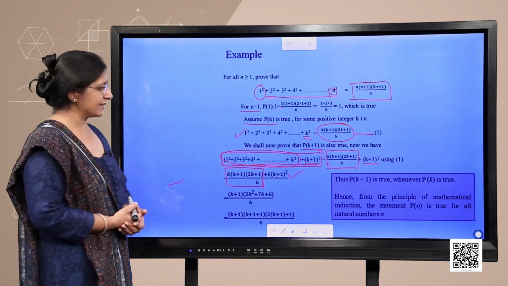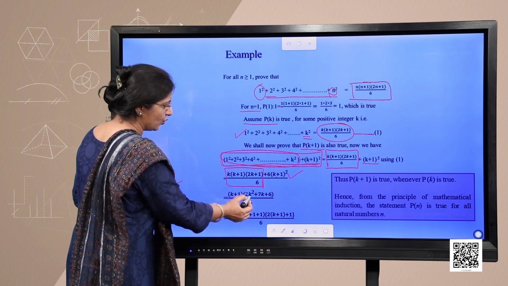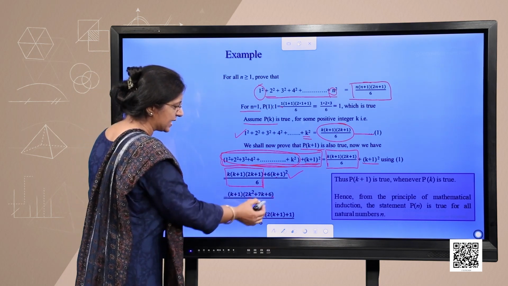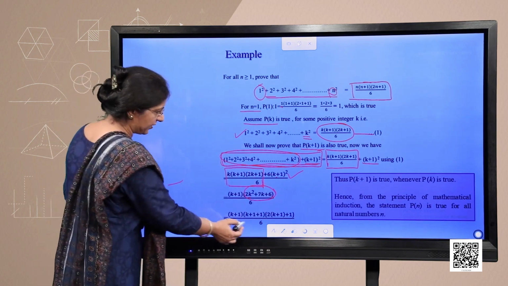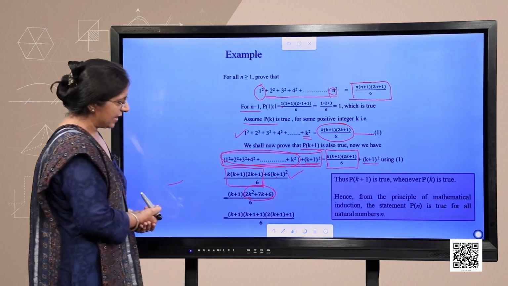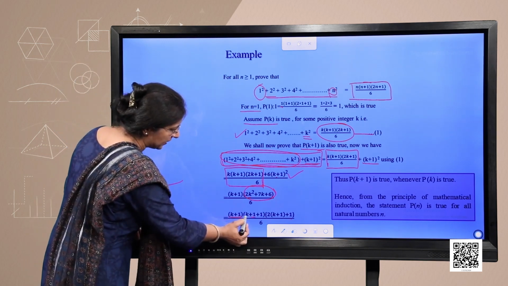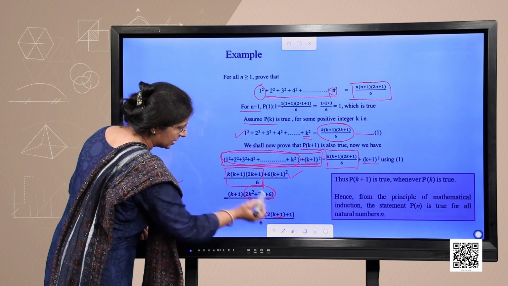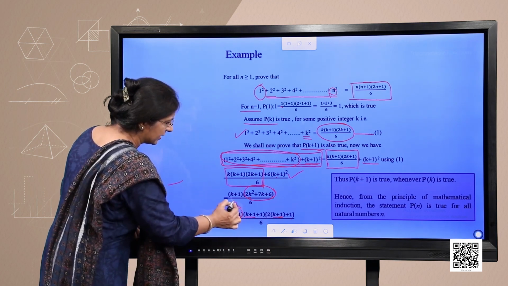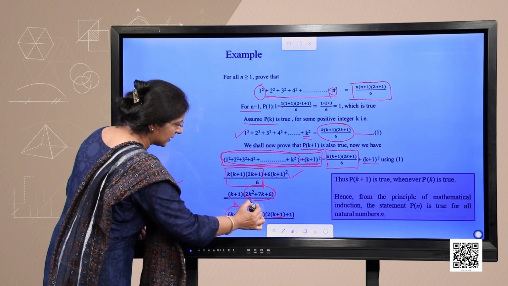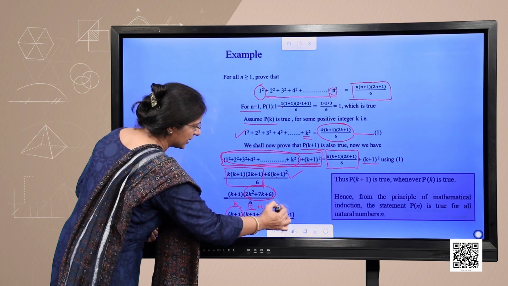After solving this expression, we get k plus 1 into 2k square plus 7k plus 6, and factorizing this quadratic equation, you can see here that all the terms are in terms of k plus 1. So if we compare it with k, this is k plus 1 and this is nothing but 2k plus 1.